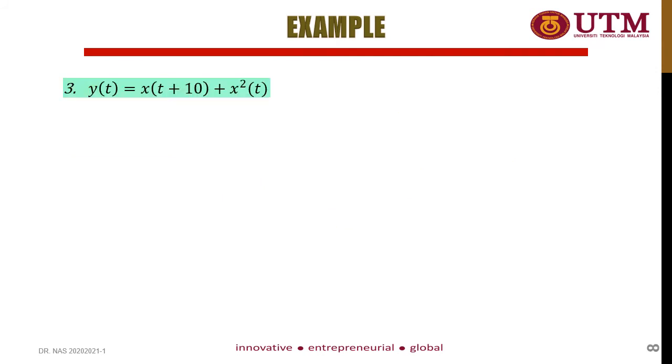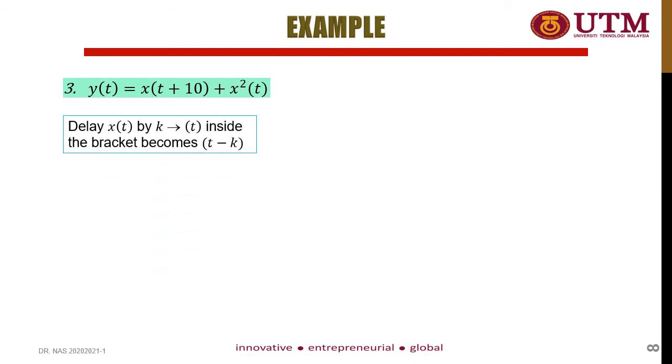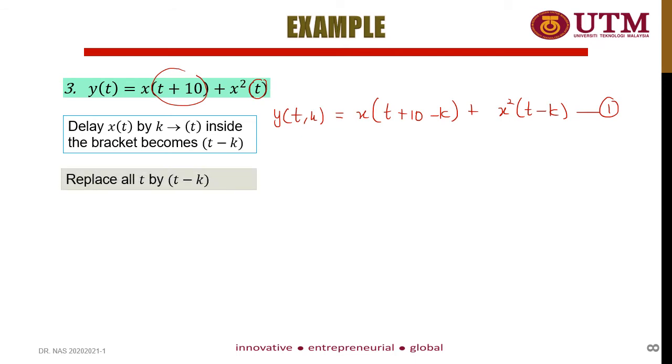Okay, now the third example, in continuous time. First step, delay the input signal inside the bracket by k. You have two brackets here for the input signal, so all will be delayed by k. In this case, y(t) delayed by k equals x(t plus 10 minus k) plus x squared (t minus k). So this is the first equation. Second, replace all t inside and outside the bracket by t minus k.